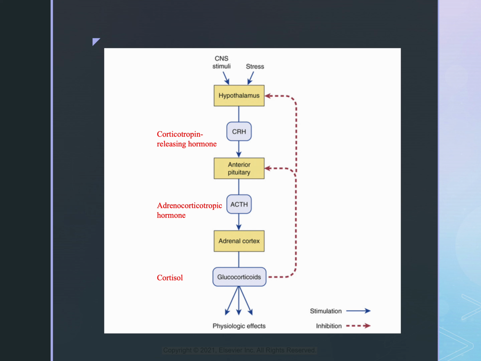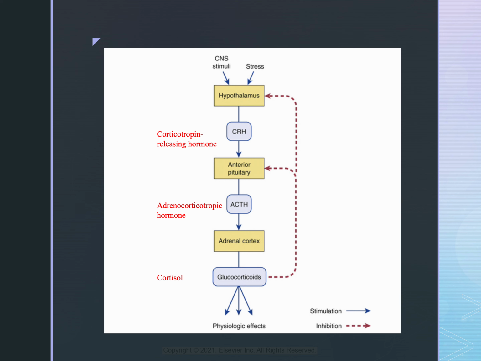That stimulus may act on the hypothalamus, which then causes the release of CRH, corticotropin releasing hormone. This stimulates the pituitary to release ACTH, adrenocorticotropic hormone. This then acts on the adrenal cortex to promote the synthesis and release of cortisol. And cortisol is the principal endogenous form of glucocorticoid.